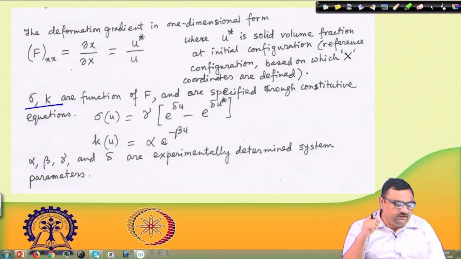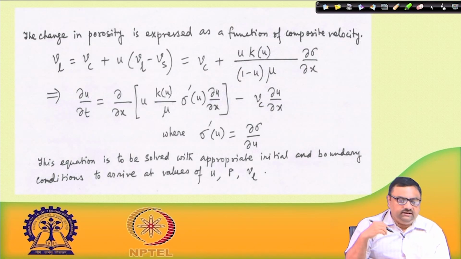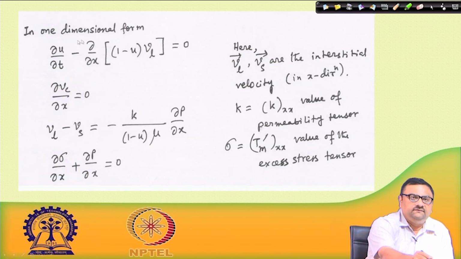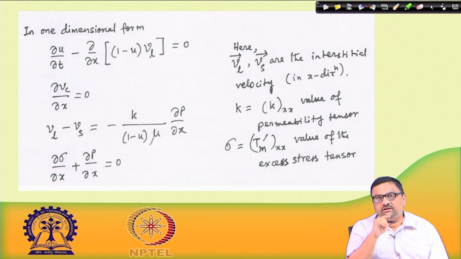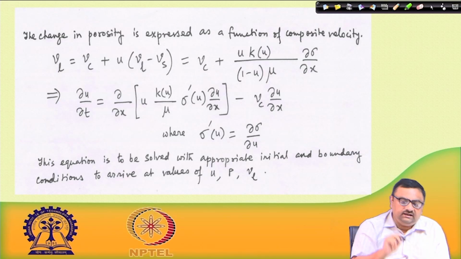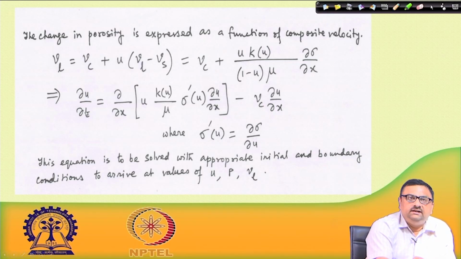So, once we know these things, the next step would be to write in terms of, see, this is the equation for the liquid phase. We cannot handle so many parameters as such. So, what you can see here is that this entire governing equation is converted to this form of an equation with del u del t.